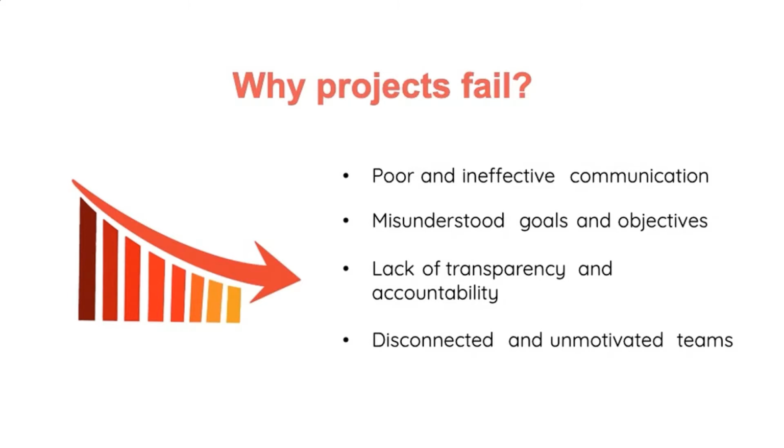Some of the ramifications of poor communication is that team members don't feel aligned with project goals. There's a lack of transparency and accountability, which in turn creates an environment where members don't feel motivated enough. This results in projects failing or getting delayed and overrunning their schedule or their budget.